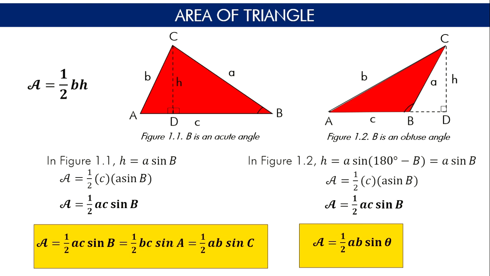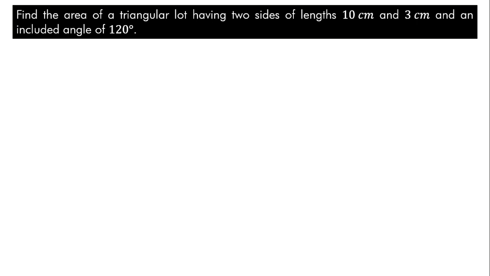Okay, so let's have an example. Find the area of a triangular lot having two sides of lengths 10 centimeters and 3 centimeters and an included angle of 120 degrees.